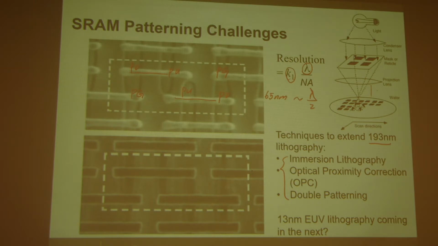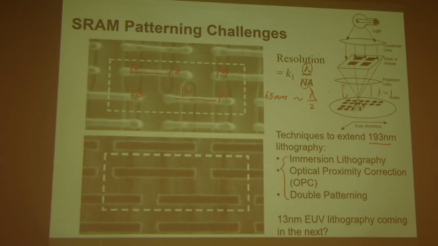If you use air, this K is roughly 1. Also, I think it's not K, it's in the NA. There is a coefficient in the NA related to the dielectric constant of the medium between the lens and the wafer. If you use air, it's 1. But if you want to improve that, you can use liquid between those.